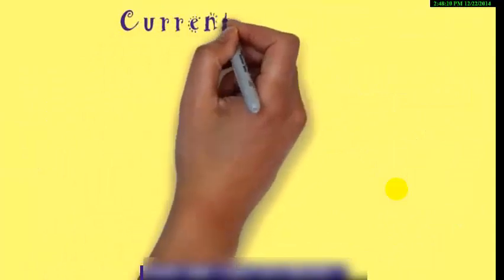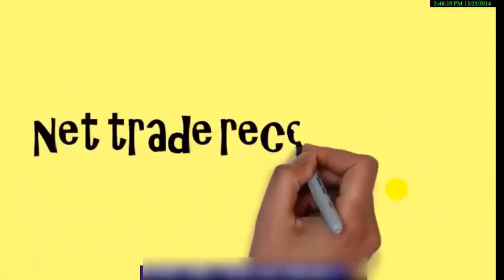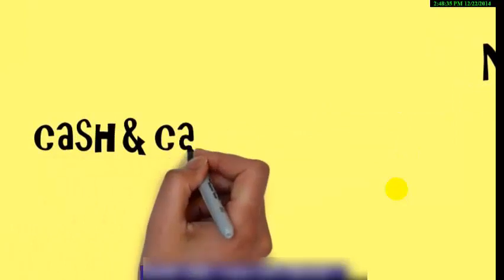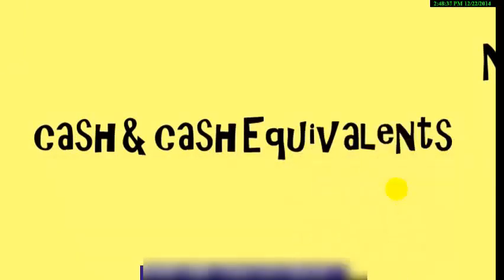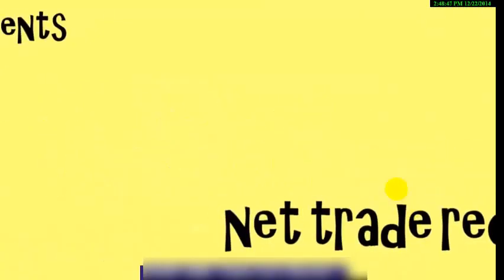Now moving further, what do current assets actually include? They include current investments, that is 12-month investments, net trade receivables, that is debtors minus bad debt provision. They include cash and cash equivalents, bank balance, commercial paper or treasury bills that get converted within 12 months, short-term investments, short-term loans and advances.